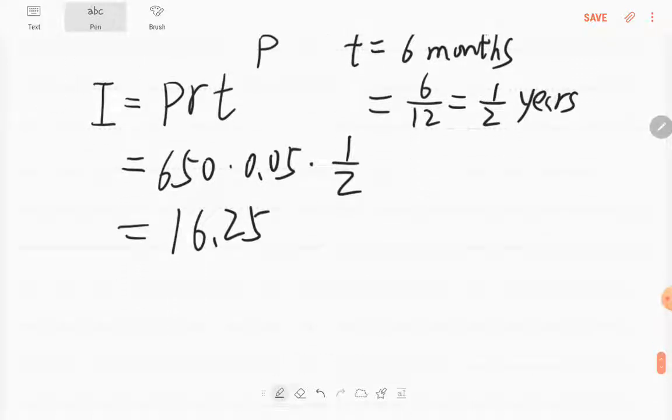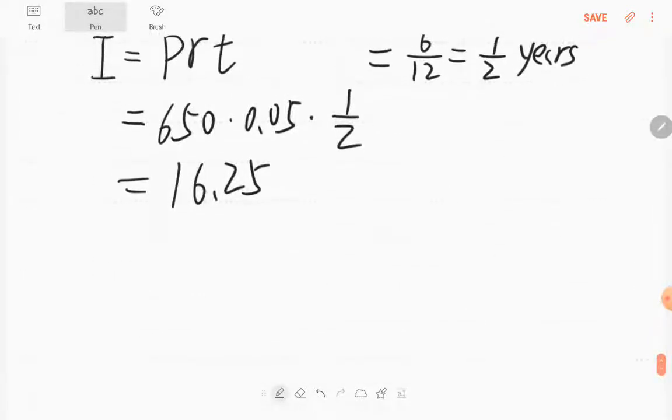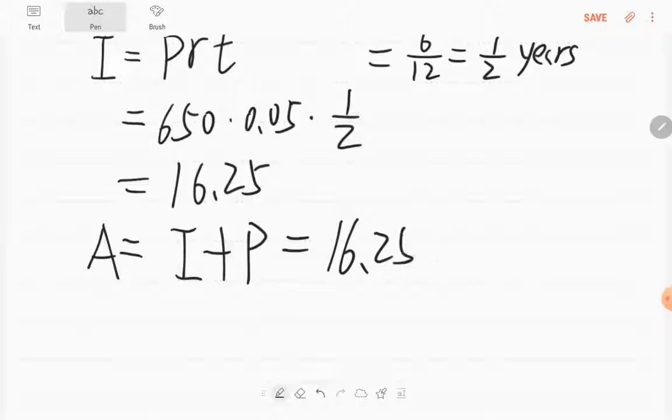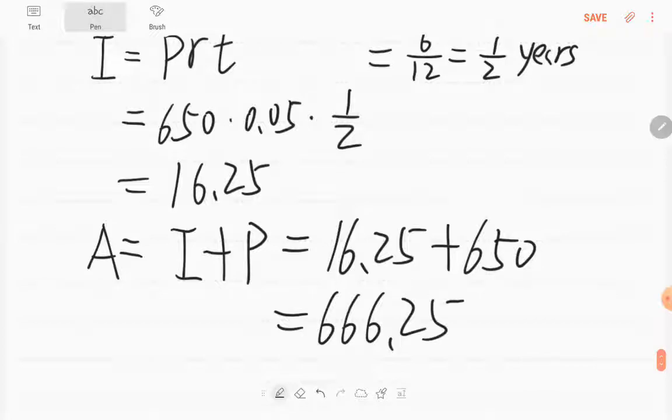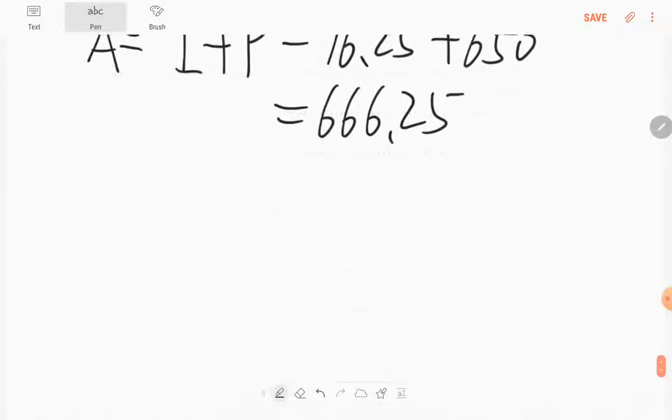The total amount A is the interest I plus the principal. So this is 16.25 plus 650, so this would be 666.25. This is number 26, so now number 27.